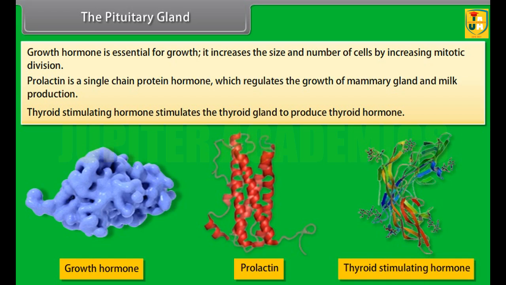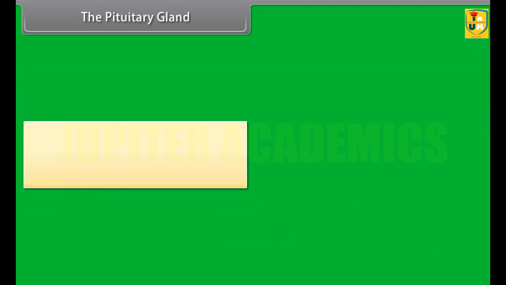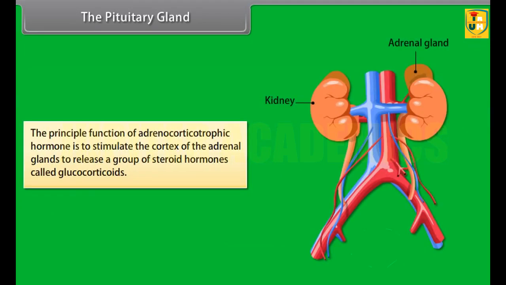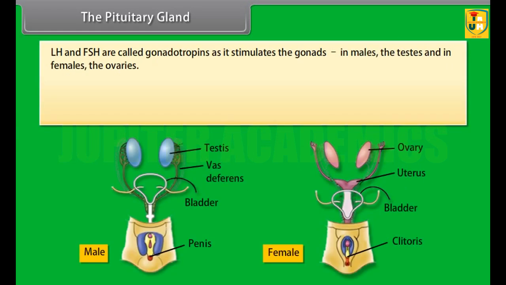Thyroid-stimulating hormone stimulates the thyroid gland to produce thyroid hormone. The principal function of adrenocorticotropic hormone is to stimulate the cortex of the adrenal glands to release a group of steroid hormones called glucocorticoids. LH and FSH are called gonadotropins as they stimulate the gonads, in males the testes and in females the ovaries.